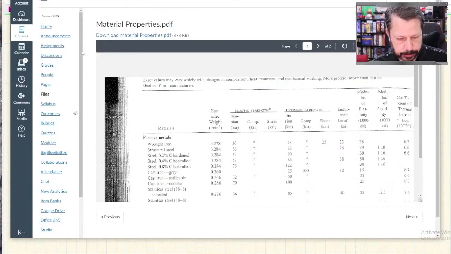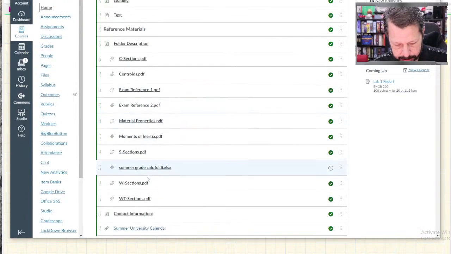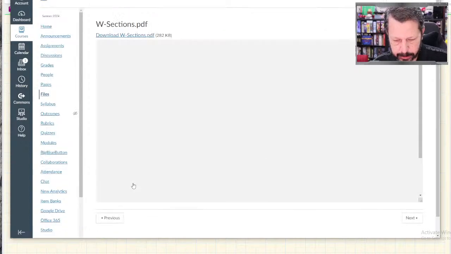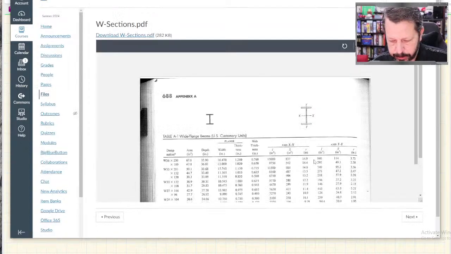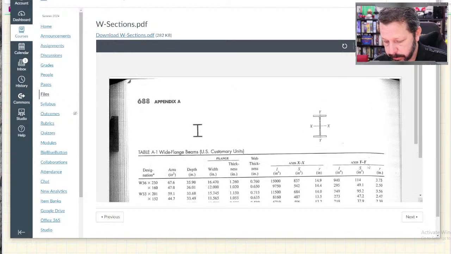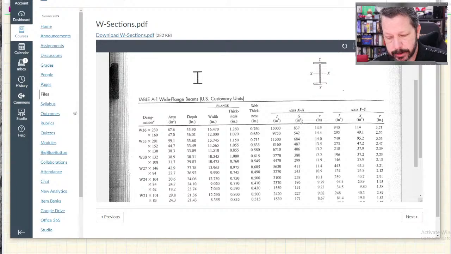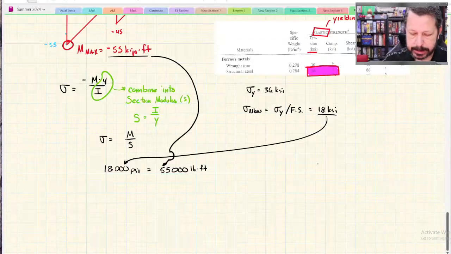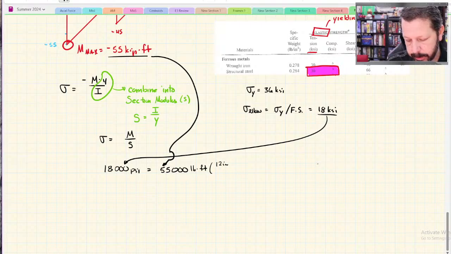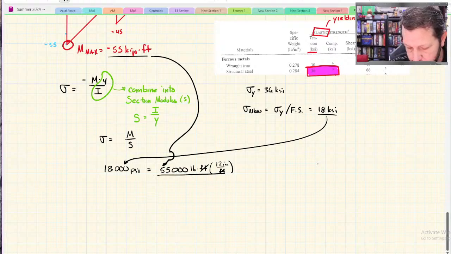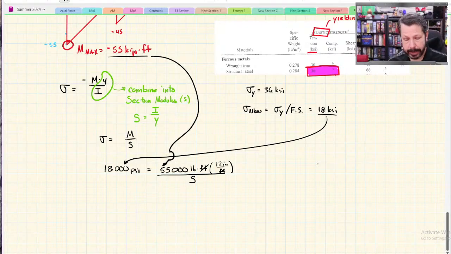Let's go back to our W chart. So W has S in it right there. But those units are inches. So instead of foot pounds, I want it in inches. So 12 inches per foot. So I'm going to multiply by 12 there. And then the only unknown is S. So I can solve for S.